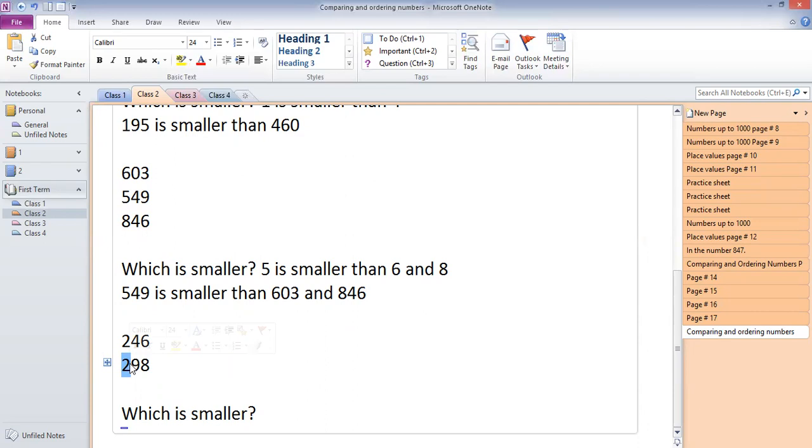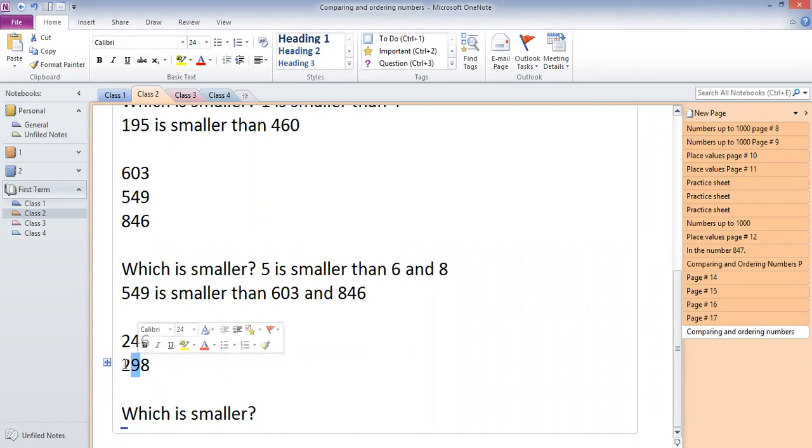So how will I check which is smaller, 246 or 298? Guys, in these type of numbers, what you will do after comparing the hundreds, if the hundreds are same, you will compare the tens.